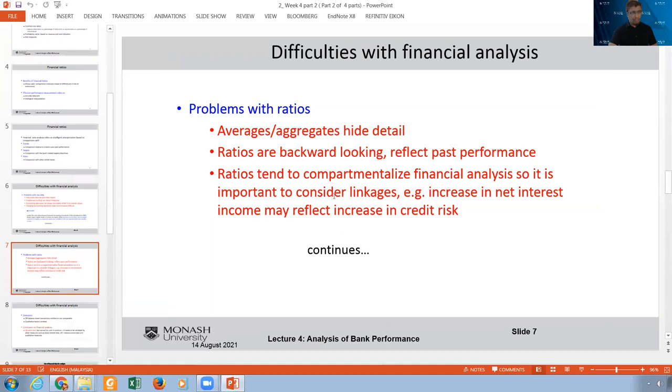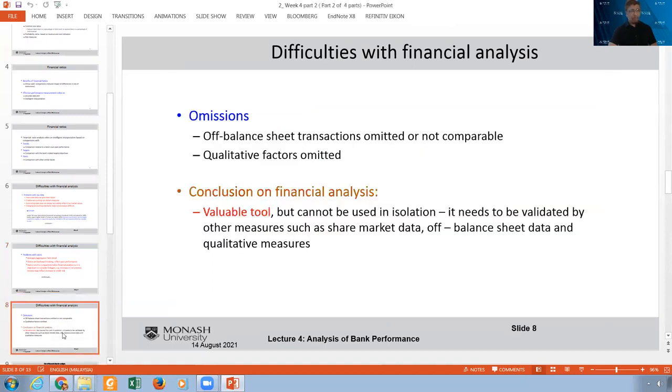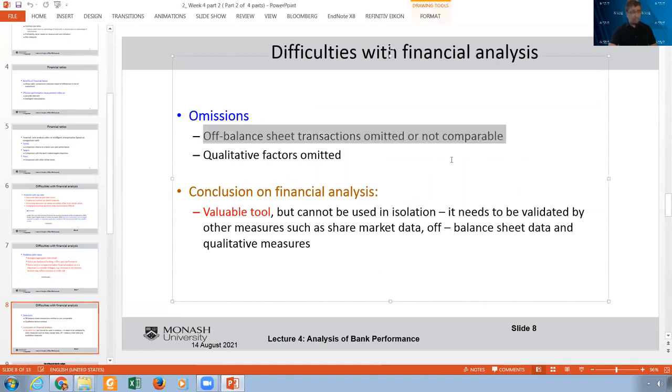So it's important in this case to look at the linkages. Okay, omissions. Of course, financial ratios only work with the figures that are in the income statement and the balance sheet. So off balance sheet is out of the picture. And also we have another omission, which is the qualitative, which I talked about in part one.